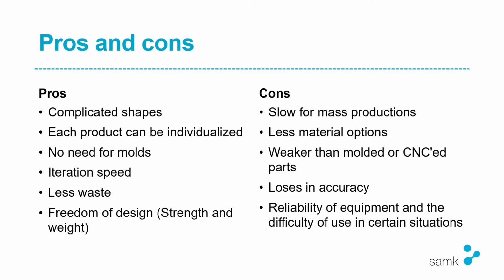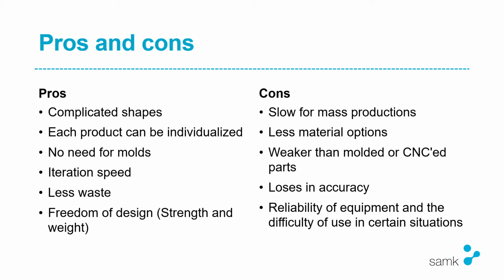And then if we compare to a molded or CNC'd part, the same part, if it's 3D printed or CNC'd, it's a bit weaker. I can't say exactly how much weaker, but it's a bit weaker than a molded or CNC'd part.